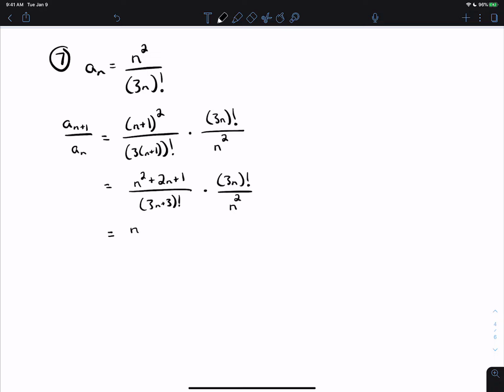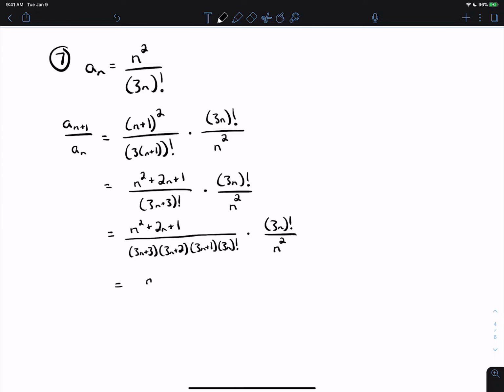It reviews a lot of that algebra, or maybe teaches it for the first time if you've never studied factorials before. But 3n plus 3 factorial can be rewritten as 3n plus 3 times 3n plus 2 times 3n plus 1 times 3n factorial. We do that so now the 3n factorials will cancel.